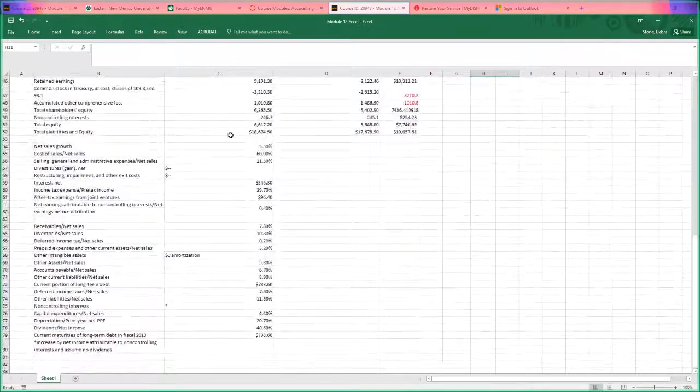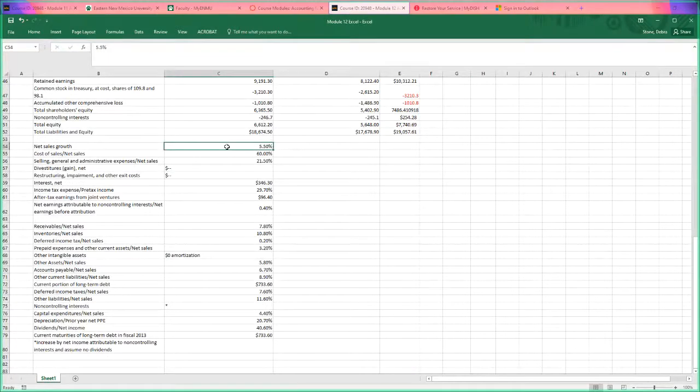So if we go down here, we're saying net sales growth is 5.5%, cost of sales is 60% of net sales. When it says 60%, what this means is cost of sales is 60% of net sales. Selling, general and admin is 21.5% of net sales. These accounts don't change. They're zero. The interest they just give you here. You have to use 29.70% of pre-tax income.